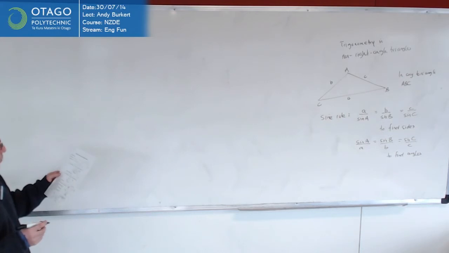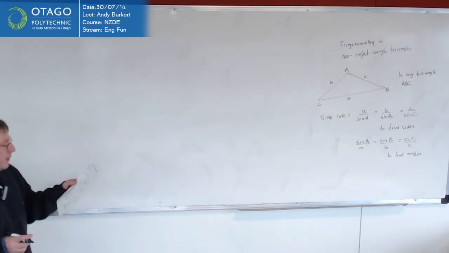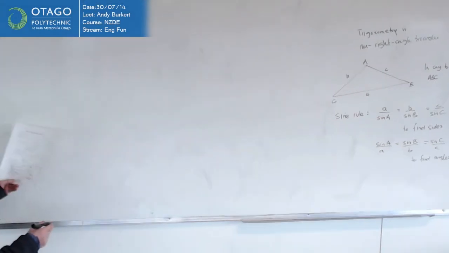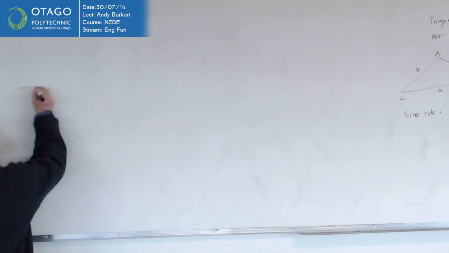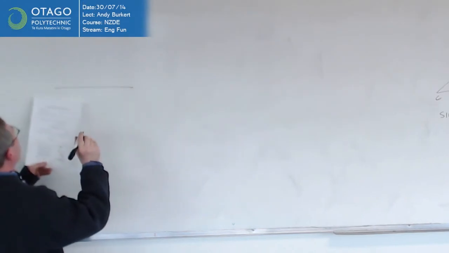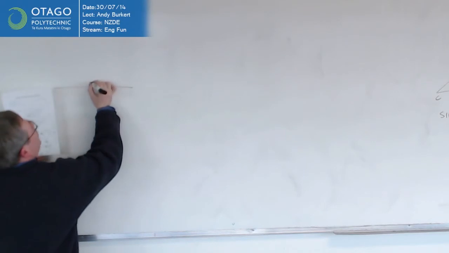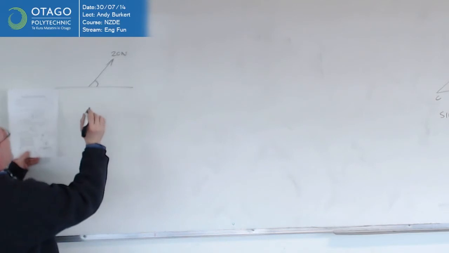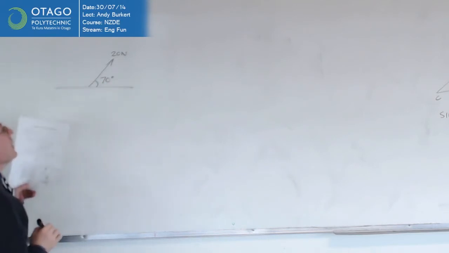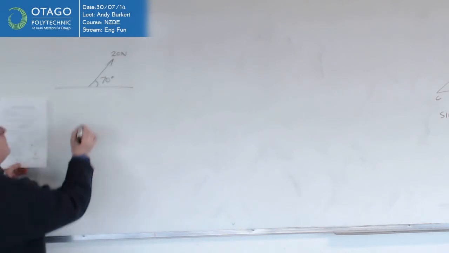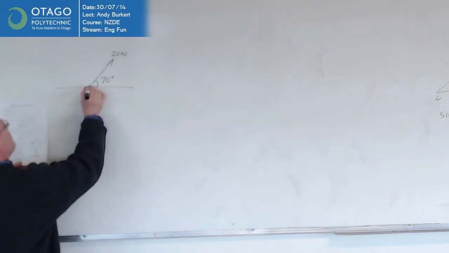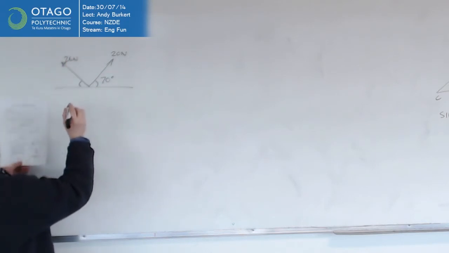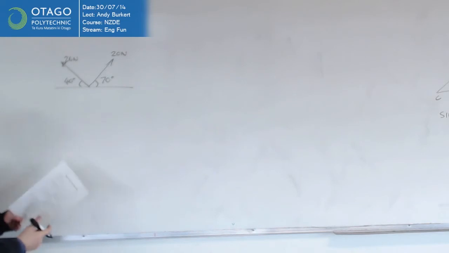Right, so let's have a look at a force diagram and then see if we can come up with the resultant force and the angle that it's acting at. So I've got a diagram here. I've got a 20 Newton force acting at 70 degrees there, and a 26 Newton force acting at 40 degrees above the horizontal there.